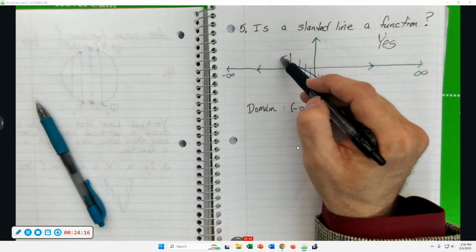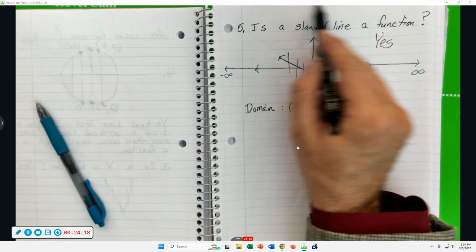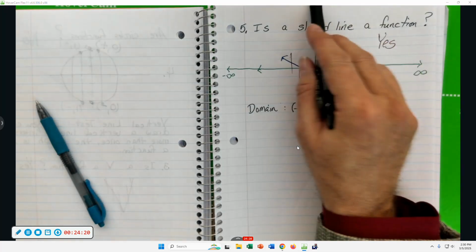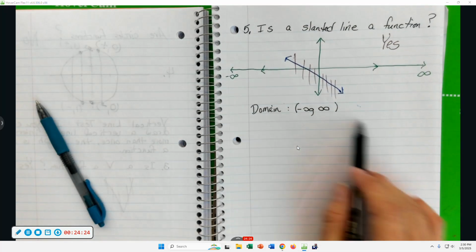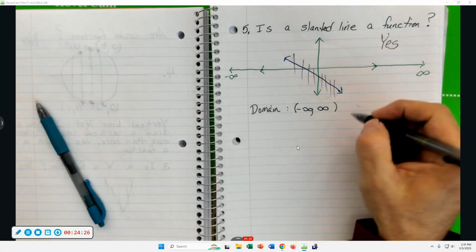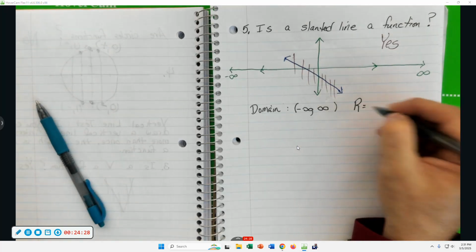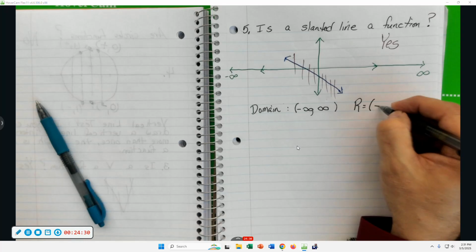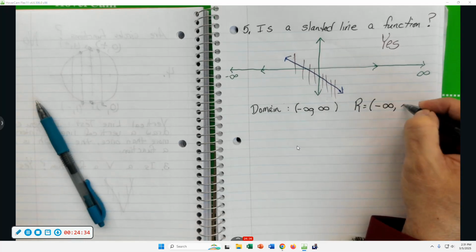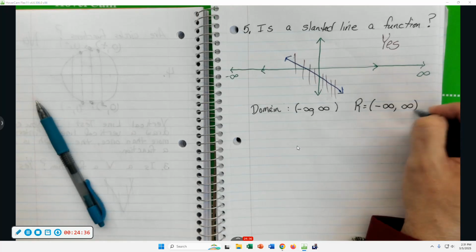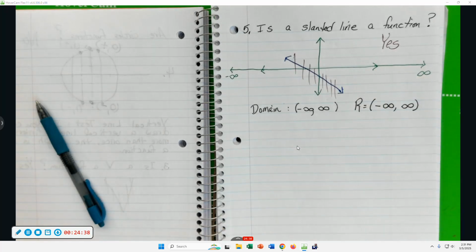Is it going to continue going and eventually be way up here at positive infinity and way down here at negative infinity? So the range, let's see if I can do it without messing it up. Negative infinity, comma, infinity. There, that looks nice.